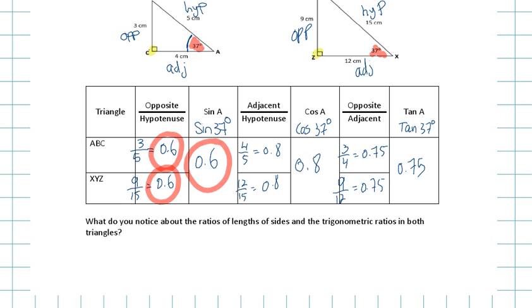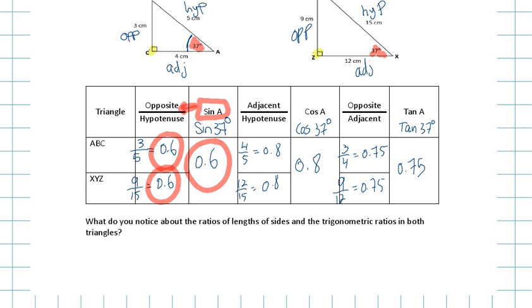So what they figured out is that sine A is always equal to the opposite over the hypotenuse in a right angle triangle, no matter what the size of the triangle is, if you have the same angle.